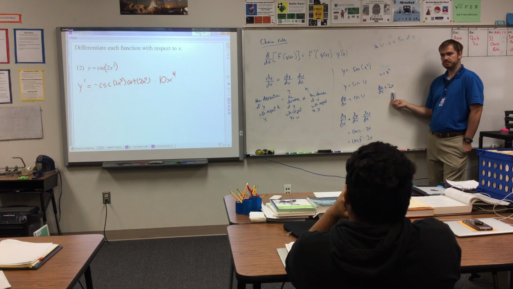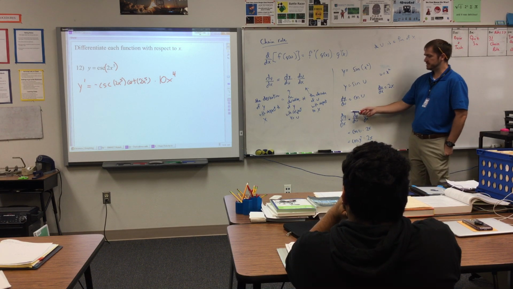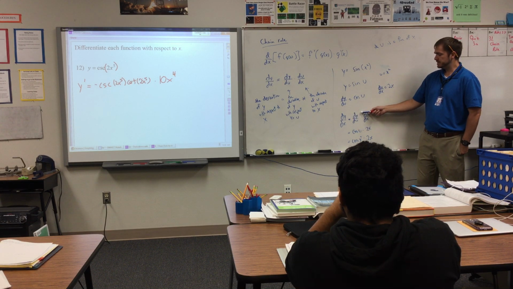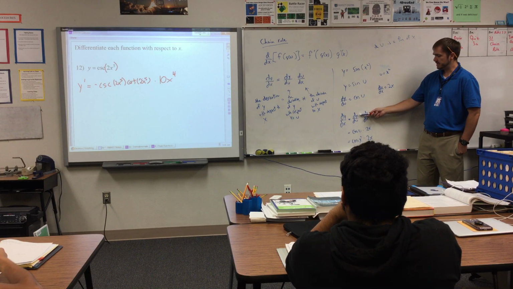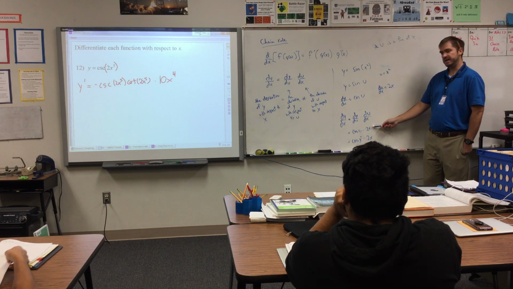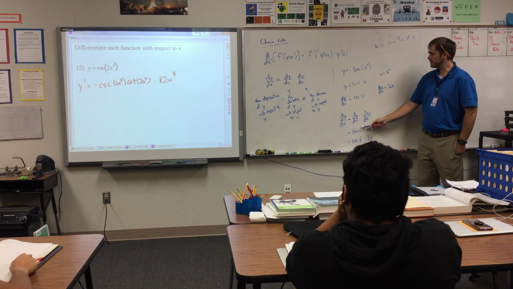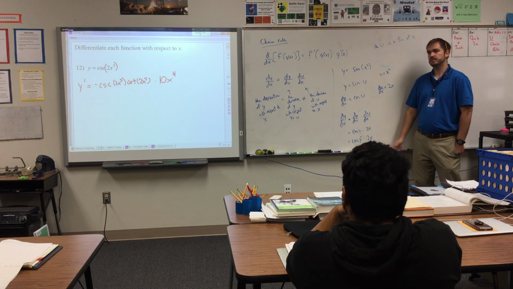I think we would all agree with that. Then the chain rule says dy over dx is equal to dy over du times du over dx. It's just copying that formula down. And then dy over du is cosine u, du over dx is 2x, and cosine u, just doing our substitution here, is cosine of x squared.